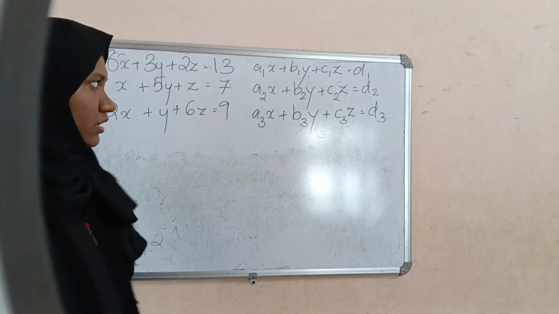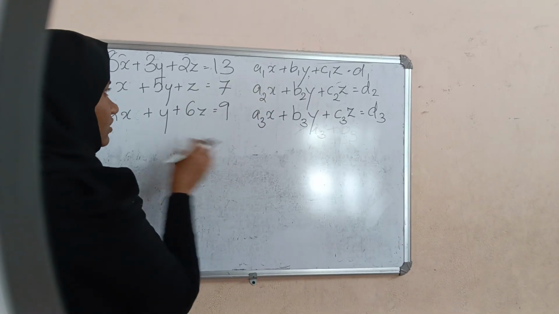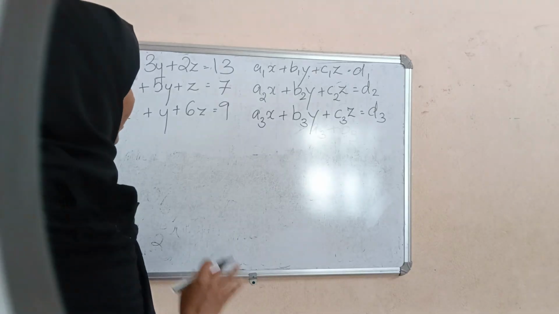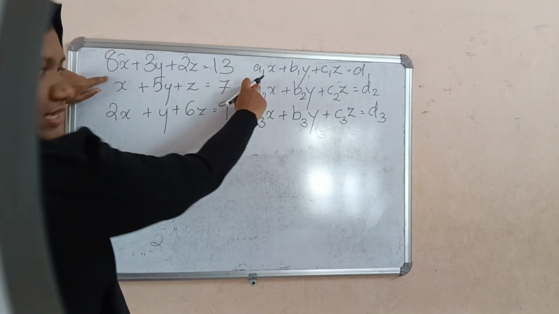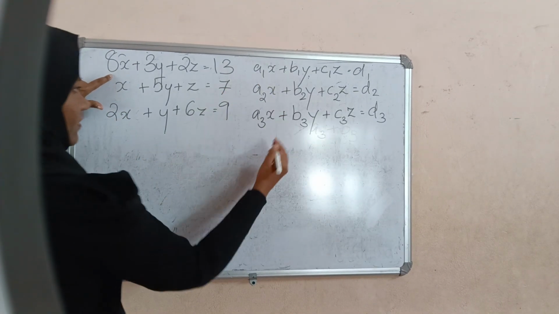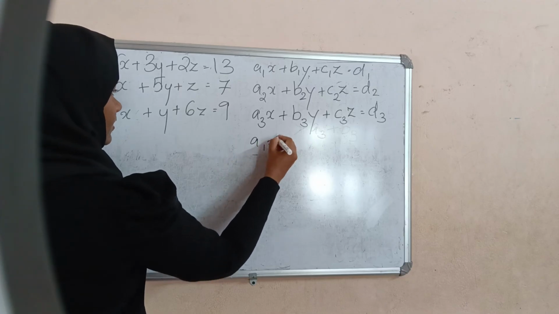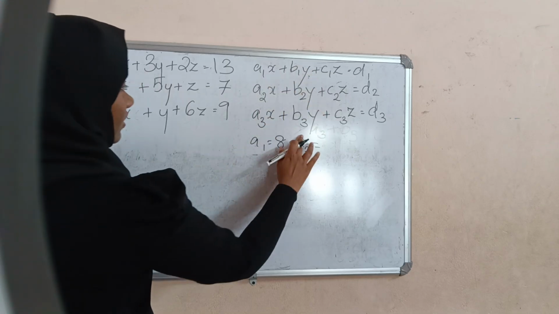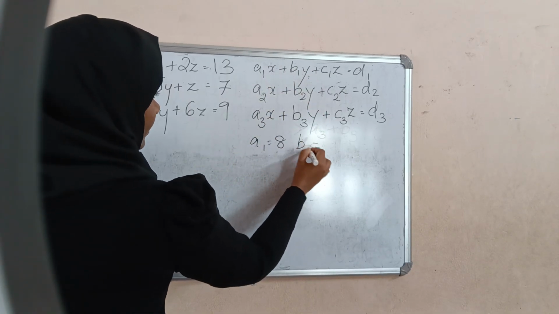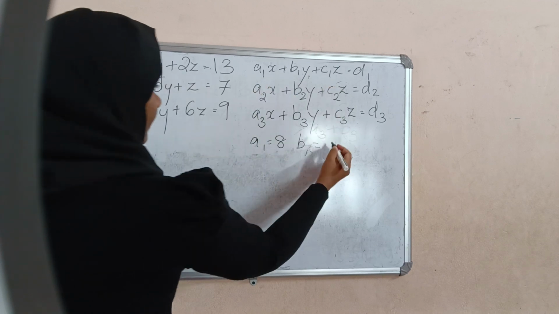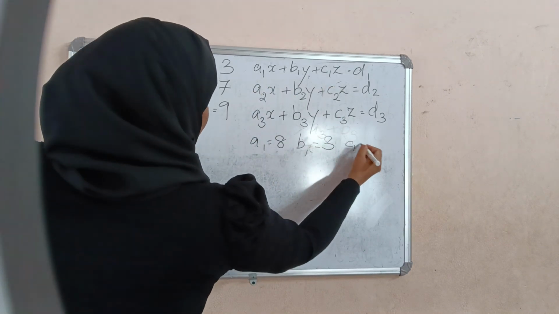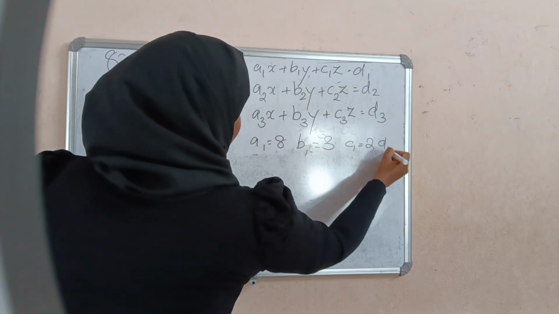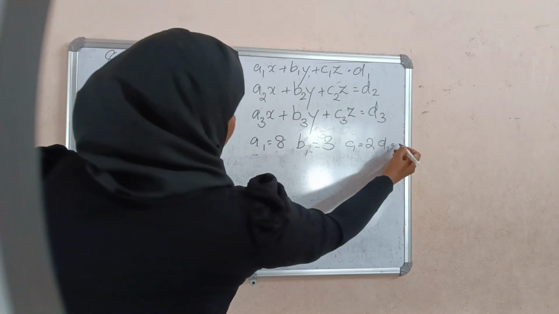So I always recommend writing down the values in the beginning itself so that you can avoid confusion. Our a1 value is 8, b1 value is 3, c1 value is 2, d1 value is 13.